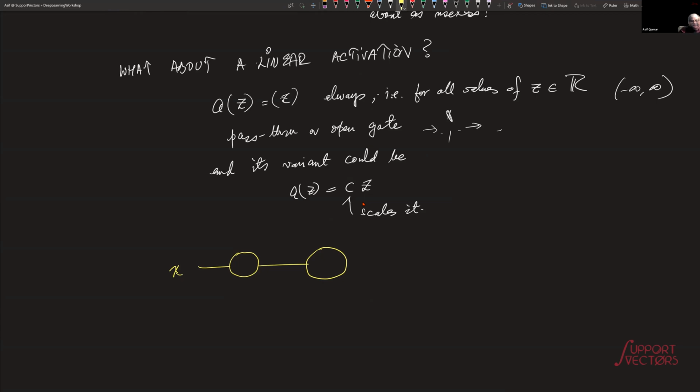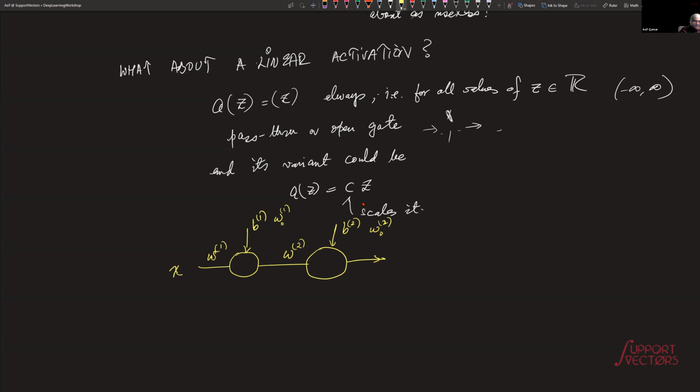This is weight 1, the weight in layer 1, since I use a superscript for layers, W1, and this is the weight in layer 2. And let us say that this has some bias, a bias of layer 1 and a bias of layer 2, or W0, if you want. They're equivalent, right?